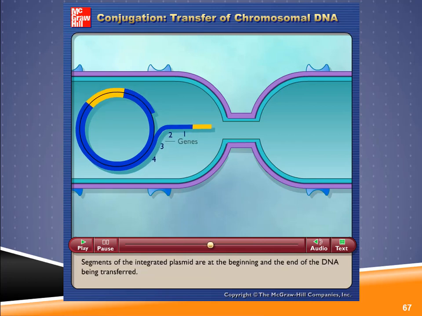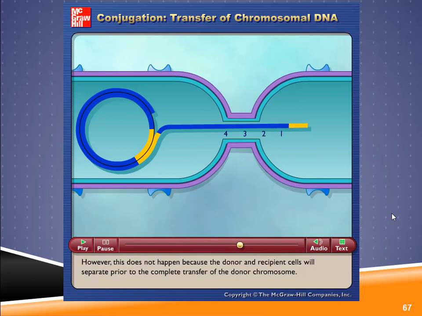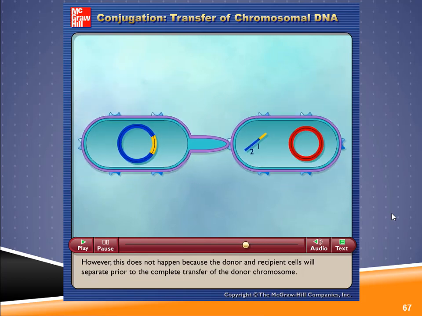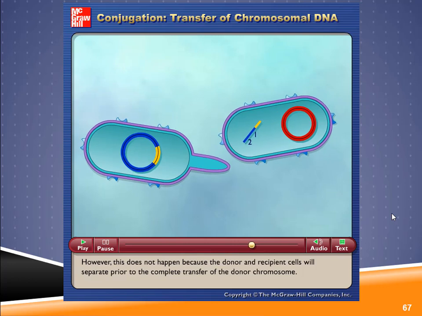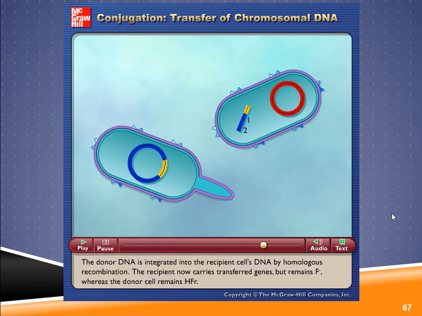Segments of the integrated plasmid are at the beginning and the end of the DNA being transferred. It is theoretically possible for the complete genome and the F plasmid to be transferred to the recipient cell. However, this does not happen because the donor and recipient cells will separate prior to the complete transfer of the donor chromosome. The transferred DNA becomes double-stranded. The donor DNA is integrated into the recipient cell's DNA by homologous recombination. The recipient now carries transferred genes, but remains F-, whereas the donor cell remains HFR.